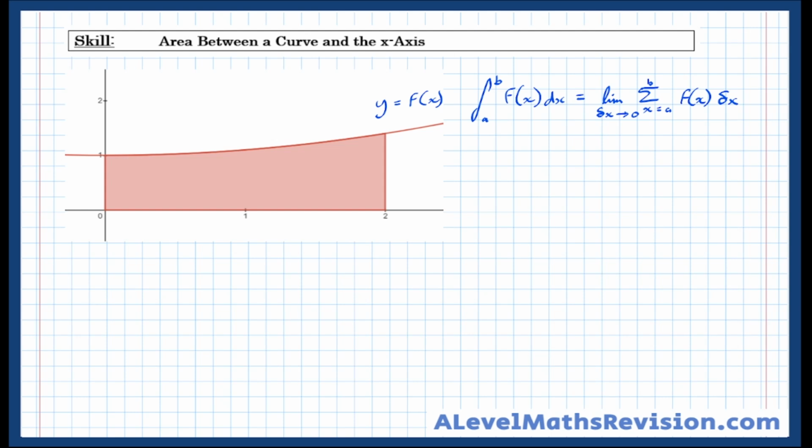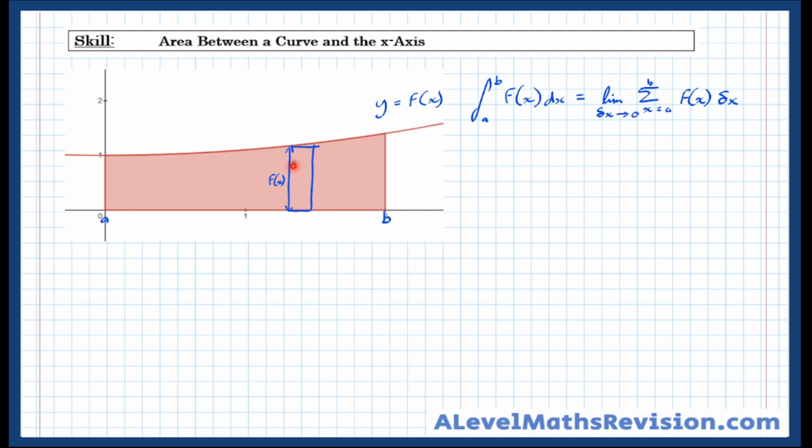So the integral between two limits b and a. In that diagram, that's b and that's a. Forget about this limit as delta x approaches 0 for now. Let's look at f of x times delta x. Well, f of x is the height, and delta x is the width of a rectangle.